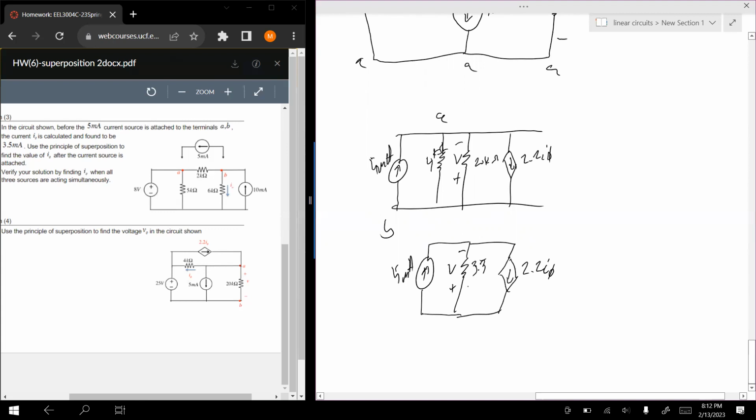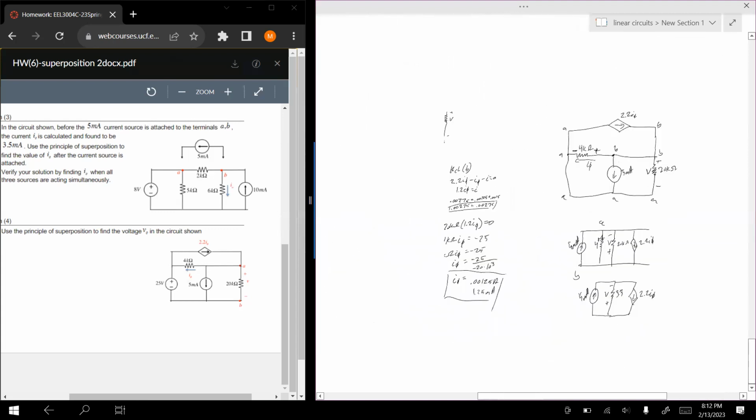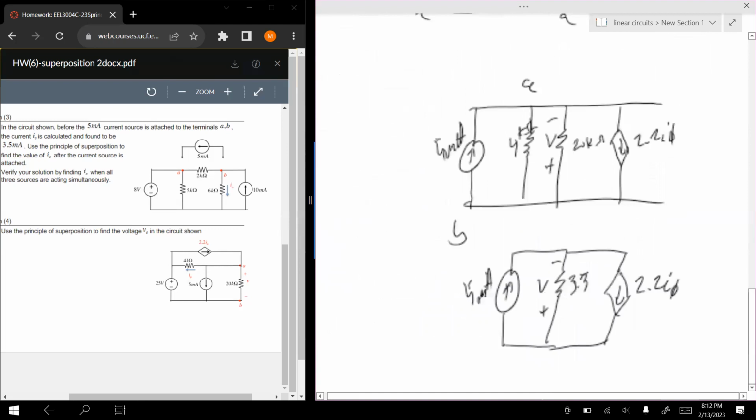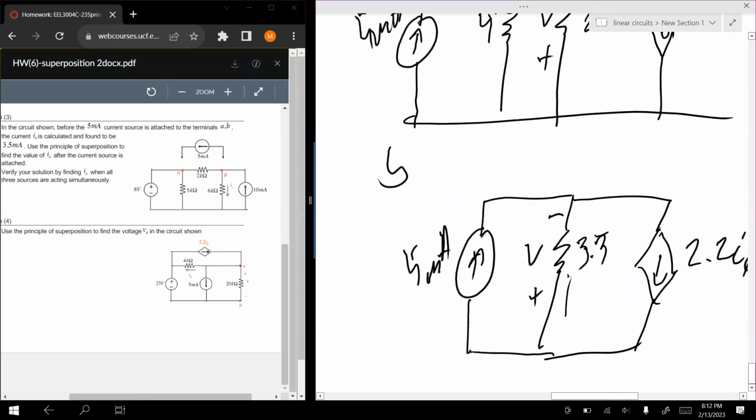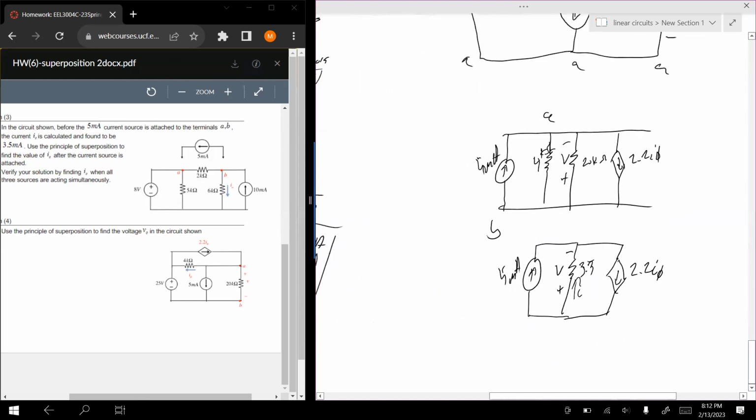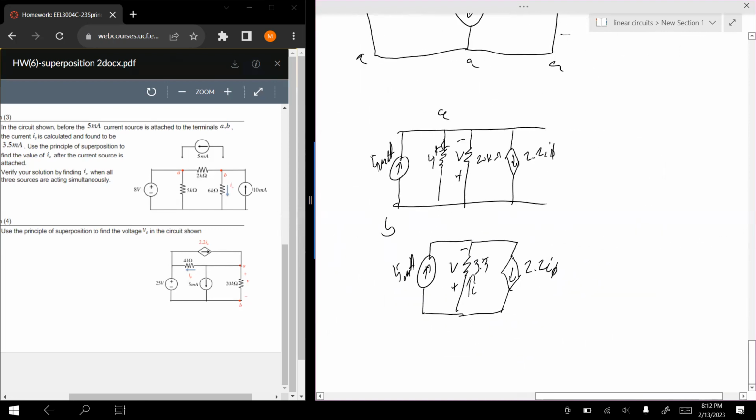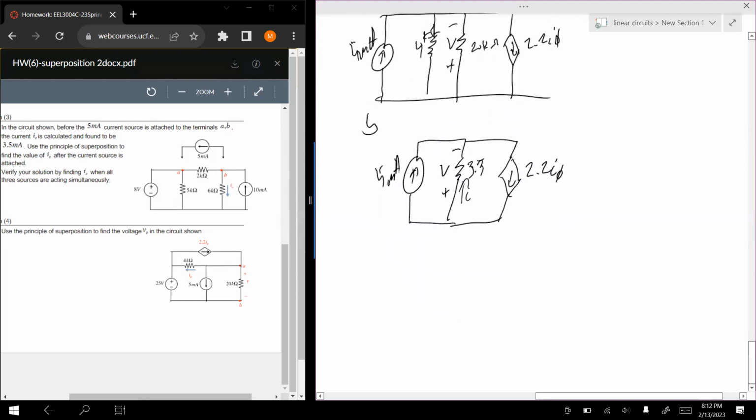Part of me is thinking, how did we denote our current in the last question? It was positive to negative. So this was our current here, I like this. So with this, yeah, we could actually do the same thing.